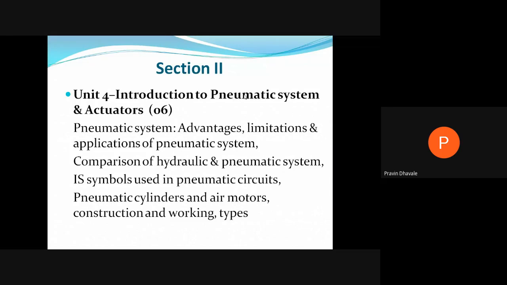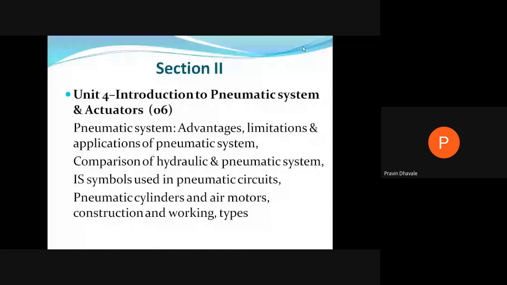Are you getting? So, in order to build up pressure, we require compressed air to carry out certain kinds of work using the pneumatic system. To pressurize air, we require certain devices called compressors.